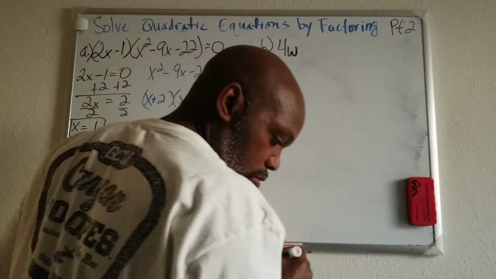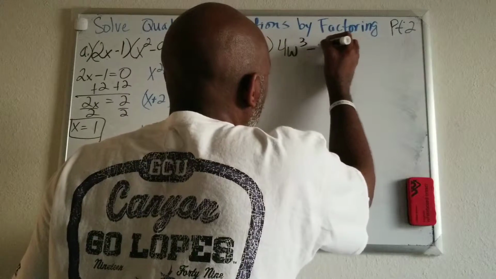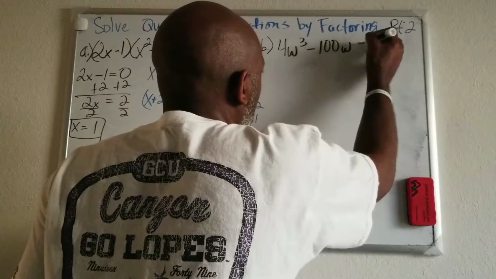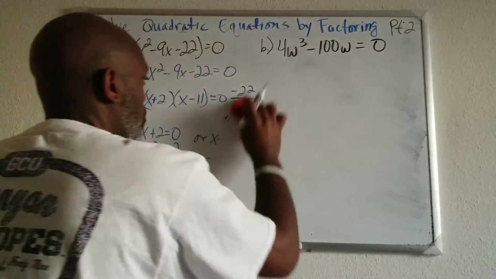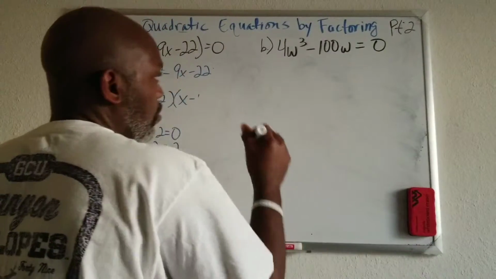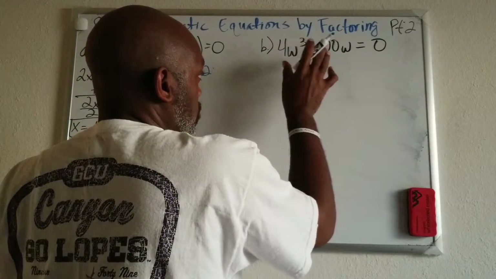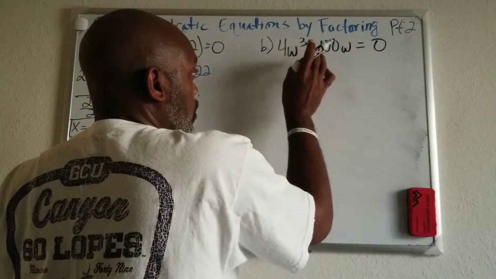All right, so 4w to the third minus 100w equals 0. Okay, so notice that it's a 0, right? So we need to see what we can do on the left side of the problem. Can we combine these?